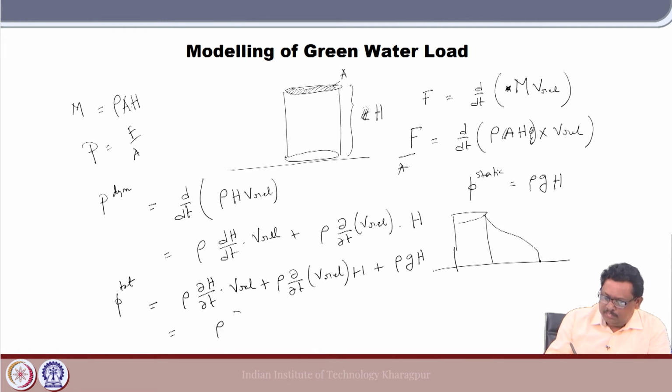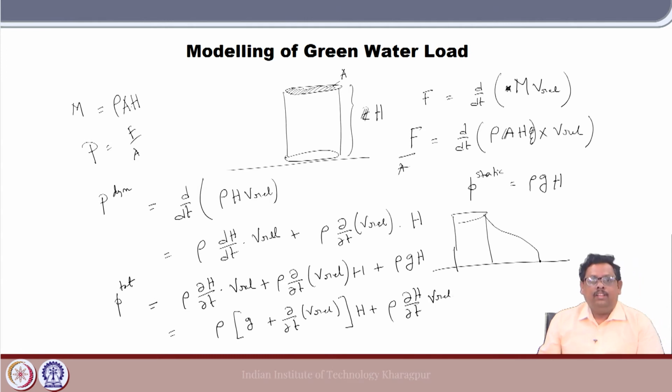So I get rho into g plus del t of V relative, multiplied by H, plus rho into del H del t into V relative. So, this is the expression for the green water.